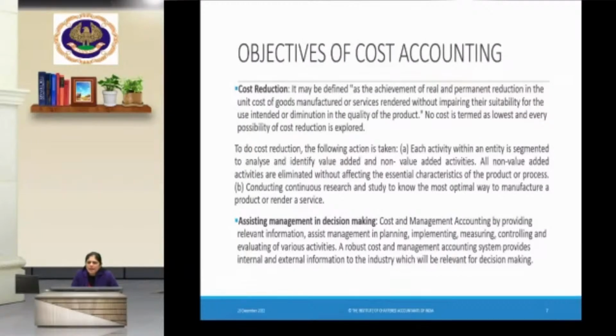The cost and management accounting, by providing relevant information, assist management in planning, implementing, measuring, controlling, and evaluating of various activities. A robust cost and management accounting system provides internal and external information to the industry, which will be relevant for decision making. So that is all about the objectives of cost accounting.